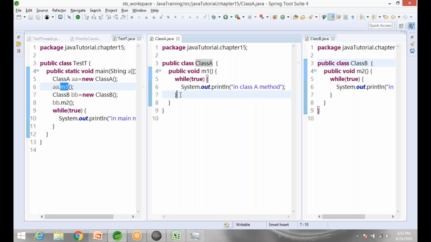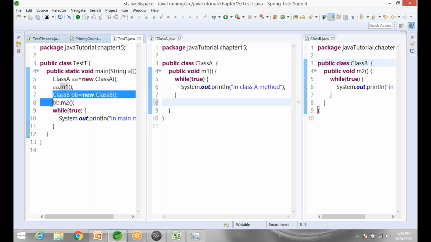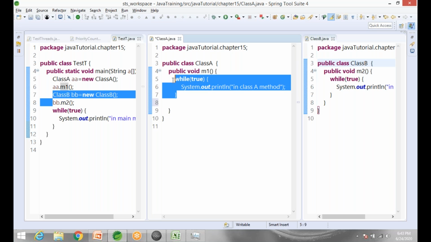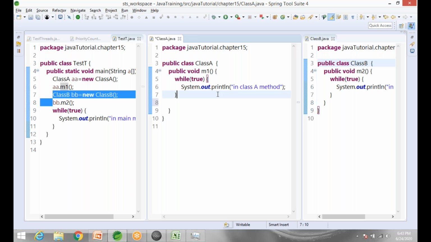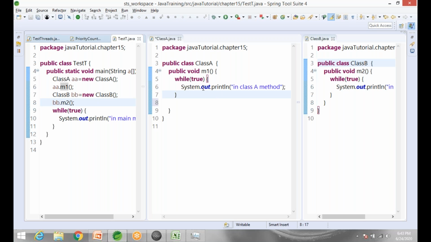In a sequential program, only when you return from this method can you continue with the next line, isn't it? So are we returning from this program? No. So you're stuck here. As long as you wait, it will just print class A method. That is your sequential program.